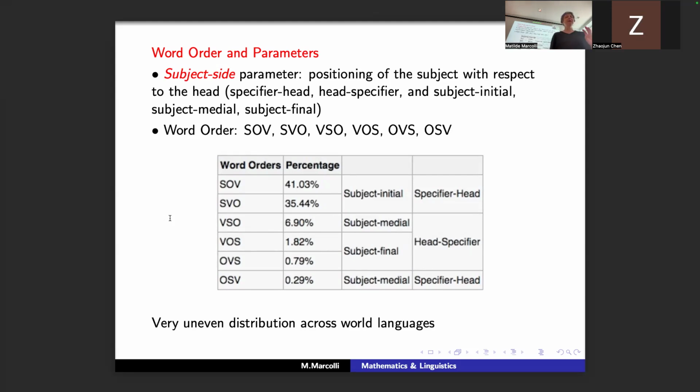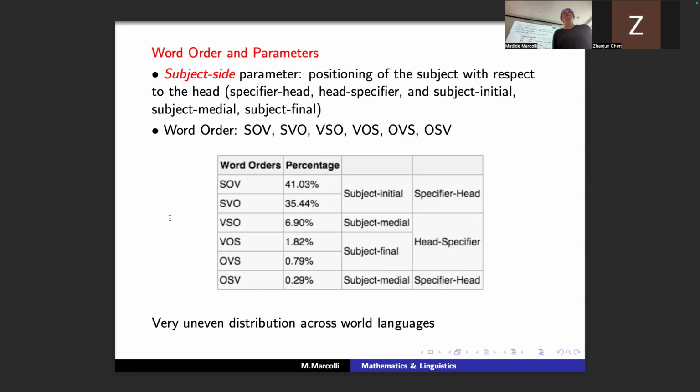The most common configuration is subject, object, verb. And the one that we use in English, subject, verb, object, is the second most frequently occurring. But there are other ones that are much less represented.